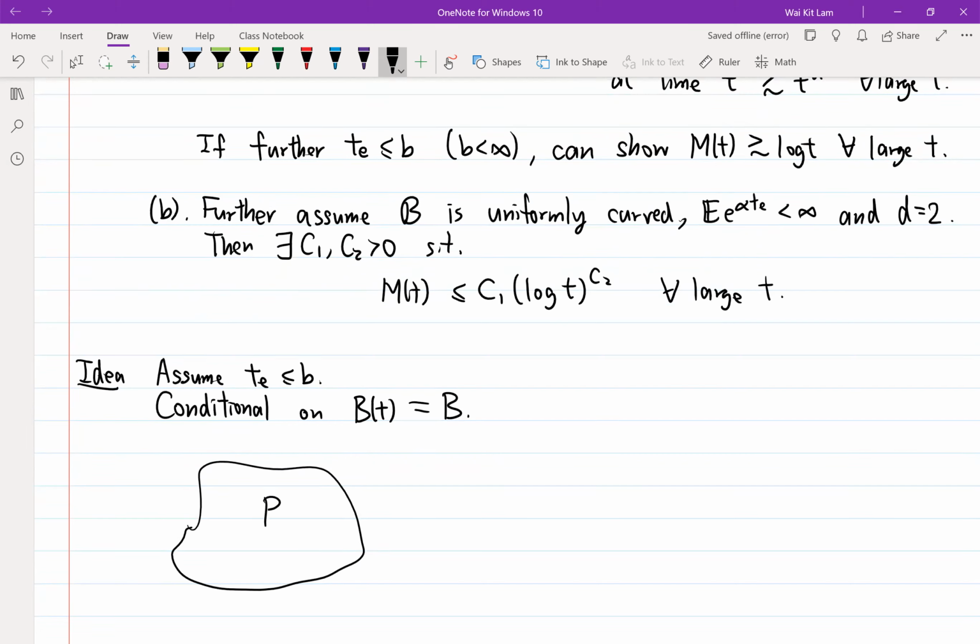So this is B. And now you look at an edge on the boundary. If it is on the boundary, actually the situation is quite complicated. If you know that this edge is on the boundary, there are not too many things that you can say. And in fact, the law or the distribution of this TE will be different from the original one.